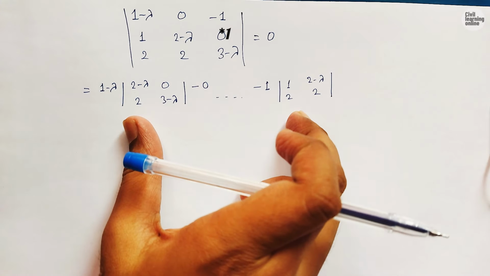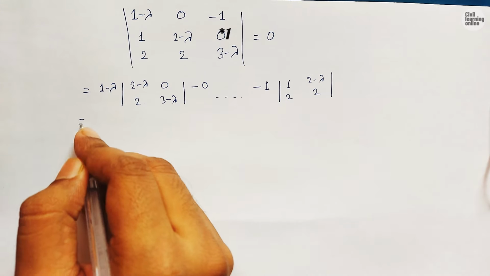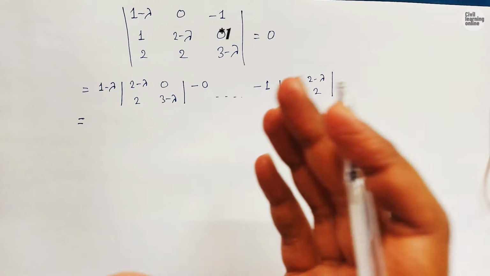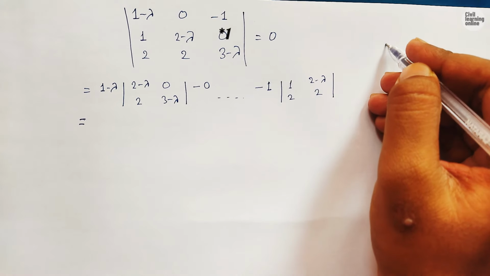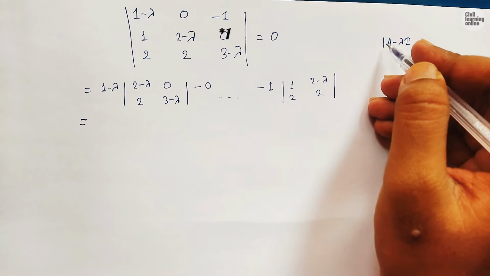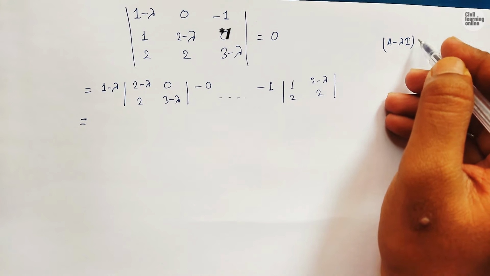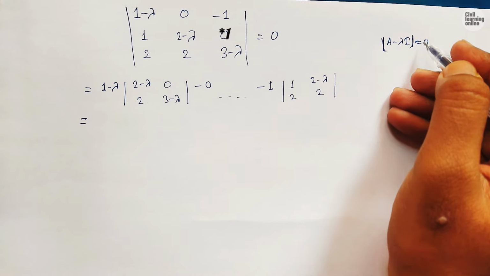You do not need to do this hectic multiplication. We will simply use a formula, because when we are solving the characteristic equation, what was the characteristic equation? The characteristic equation was the determinant of A minus lambda I equals 0.